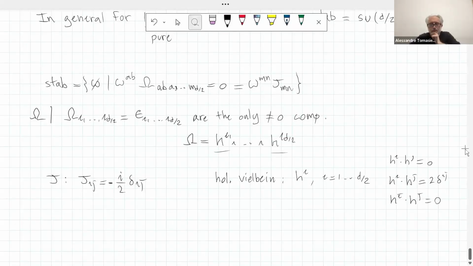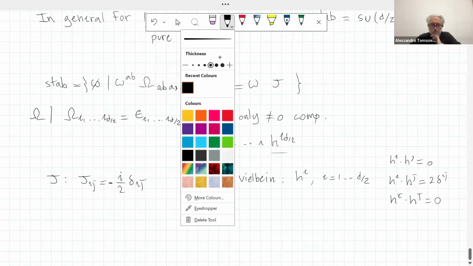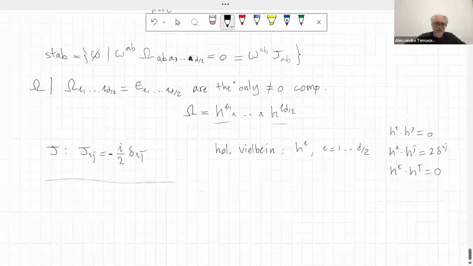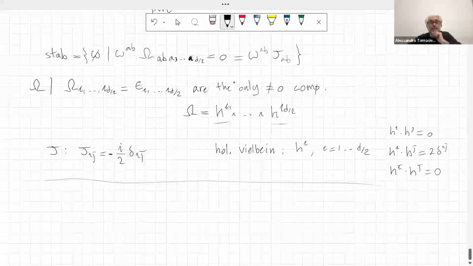Now, this is the most important structure for us. We are going to explore what this type of structure entails for us.